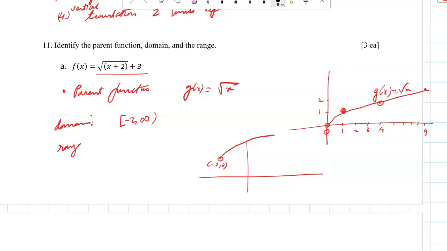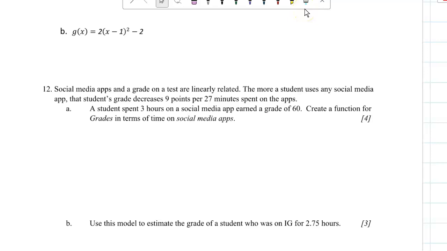Range: 3 comma infinity. Sorry, infinity never included. So what is the parent function? This one, quadratic. Now this vertex is shifting how?